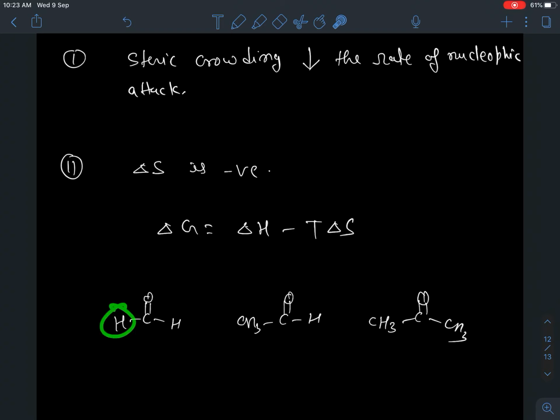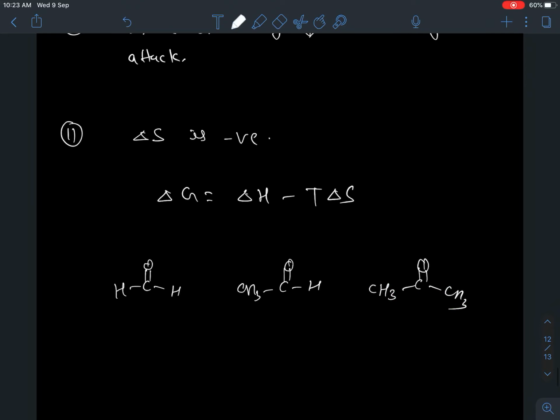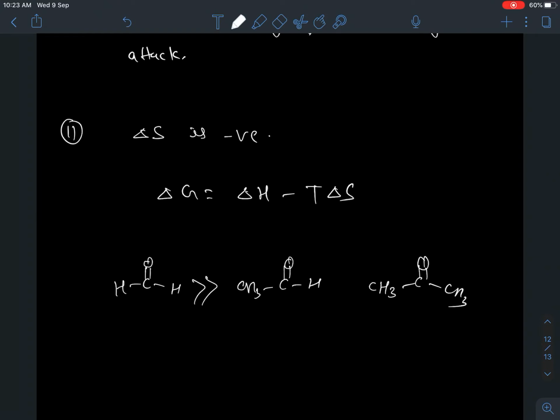Formaldehyde does not have any hindrance, and the electronic factor is obviously common. Here also the electronic factor is common, the double bond O is there, but hindrance is more and more. If hindrance is more, the nucleophile, being an electron-rich species, will be repelled when it approaches close. That is why formaldehyde is much more reactive than acetaldehyde, and it is much more reactive than acetone.